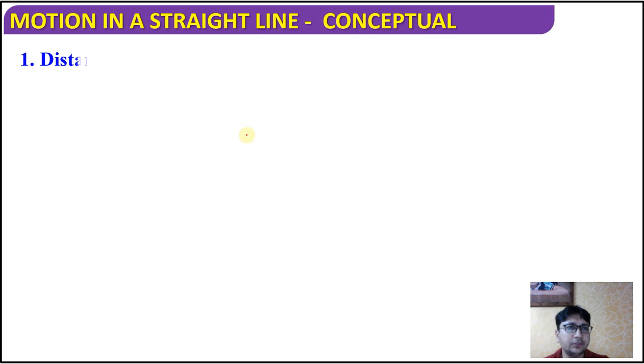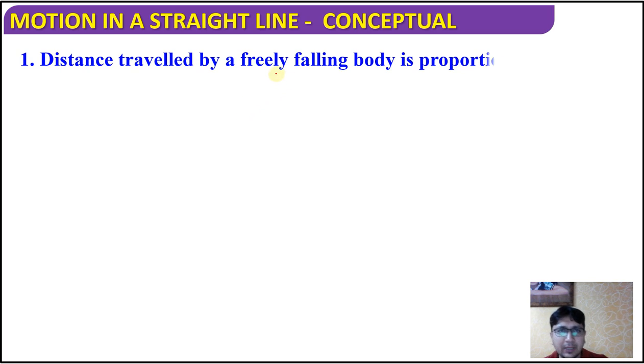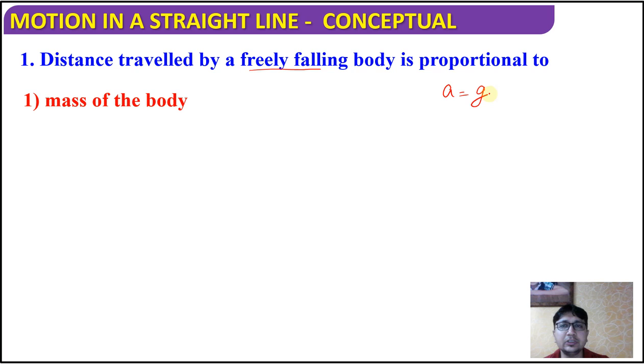With the very first question. Distance traveled by a freely falling body is proportional to. So freely falling body means acceleration due to gravity will be g, that is constant. If I use this relation, equation number 2, I can see if the body is dropped from a certain height, then s is proportional to the square of time.